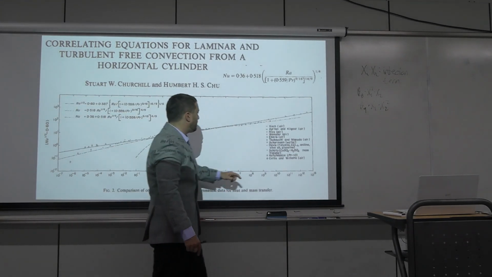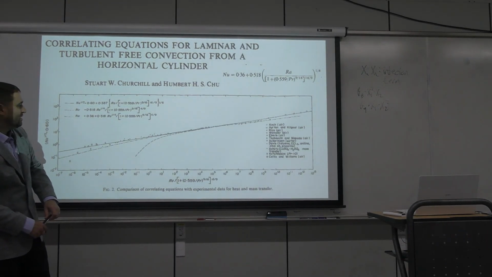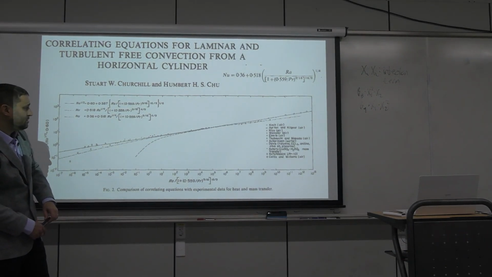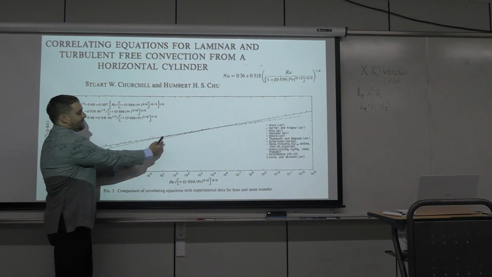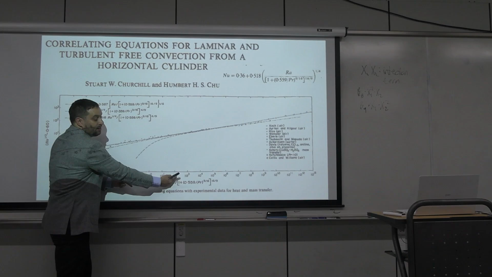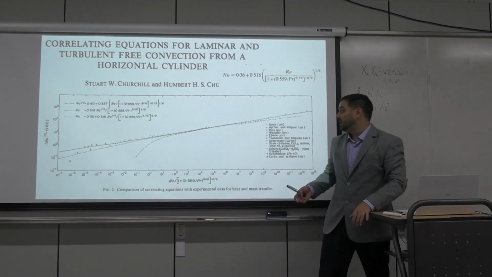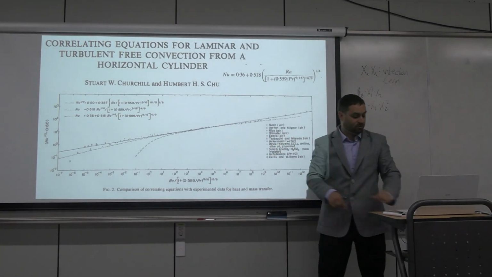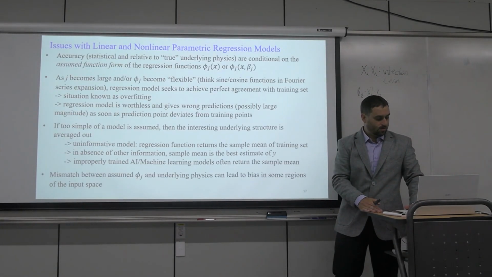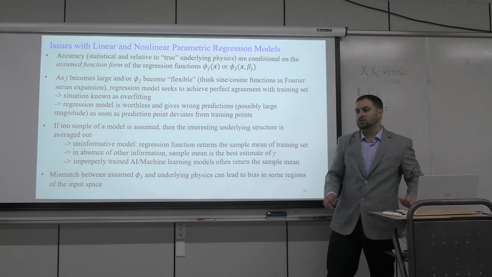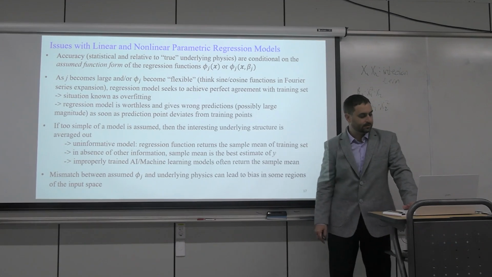This was an old paper, so it's a little hard to distinguish the lines, but obviously this correlation does not work well in this range. But it might have high predictive accuracy in a different range of values. So that's another thing you have to look out for. This mismatch can be localized in certain regions of the input space.